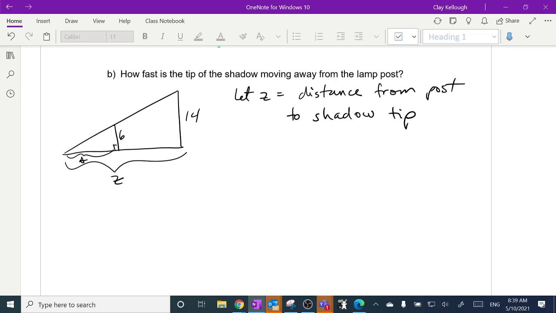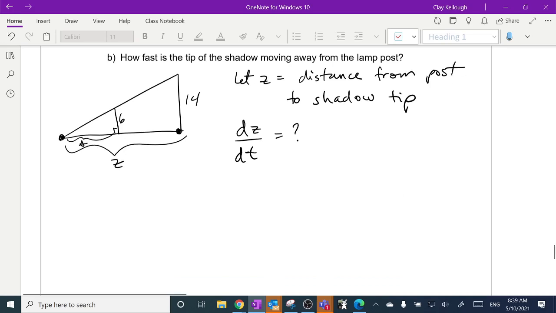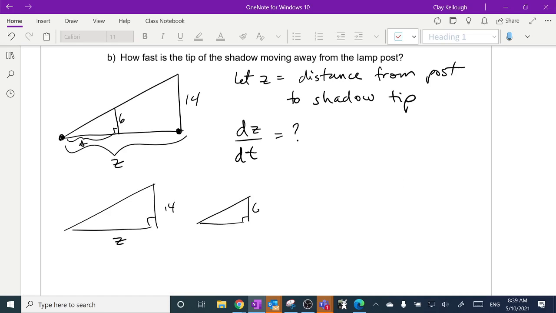Okay, and what I'm looking for is dz by dt, right? How fast is this point here moving away from that point? So at what rate is this distance changing? And once again, I'm going to set up similar triangles, right? I have a triangle that's 14 by z, and I have an exactly the same shaped triangle that's 6 by s.